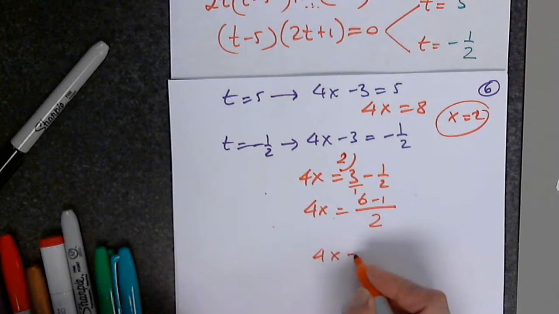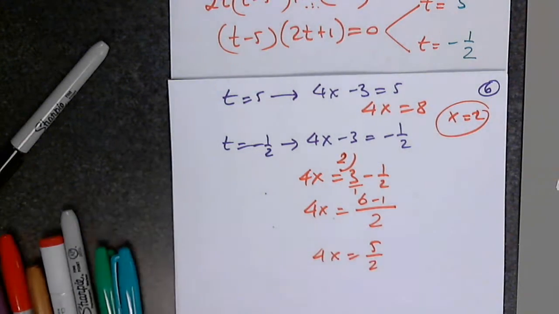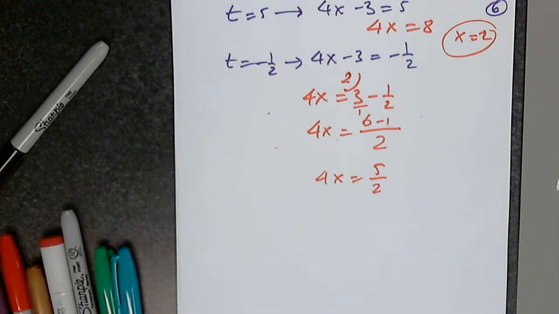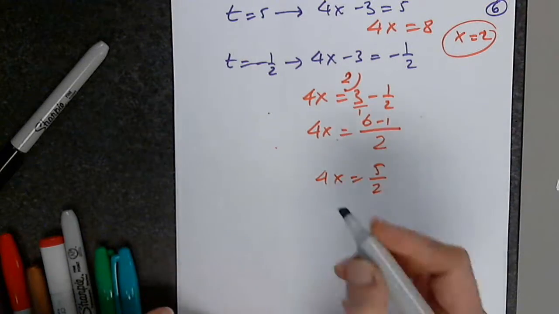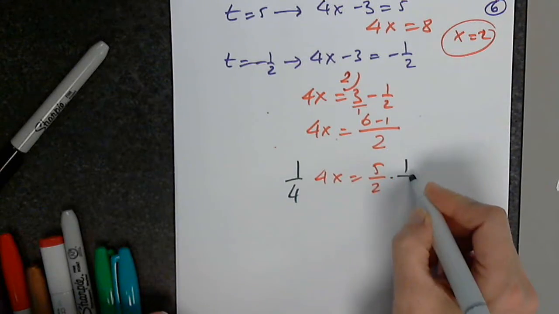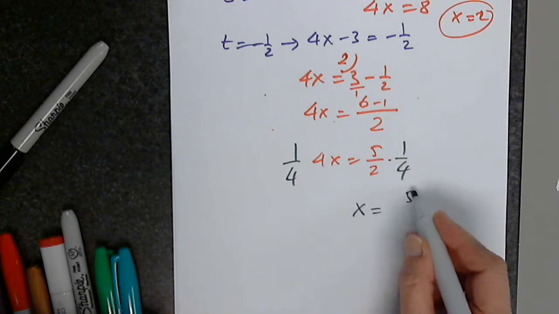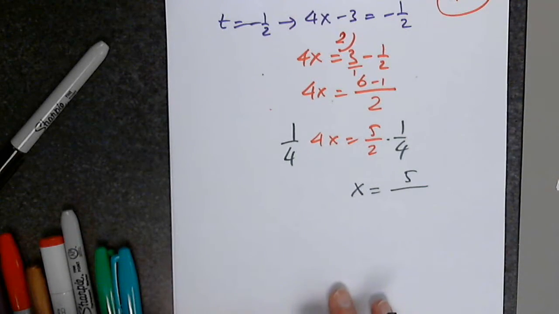So then 4x equals 5 over 2. Since I have a fraction on the right-hand side, in order to get rid of 4, I recommend multiplying both sides by 1/4. It will be easier for you to see what you're doing. So 1/4 and 1/4. The left-hand side is x, and the right-hand side is 5 over 8.